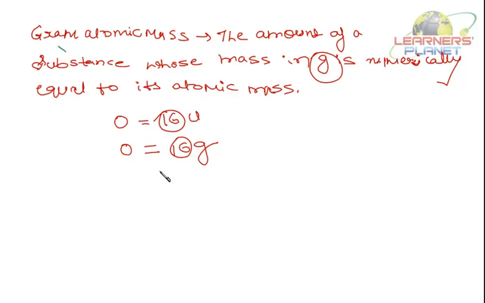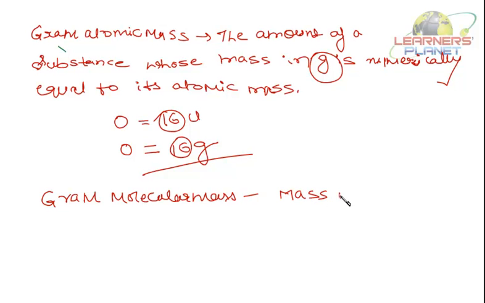So the gram atomic mass of oxygen is 16 grams. Likewise, there is gram molecular mass also. How is it defined? It is the amount of substance whose mass in grams is numerically equal to its molecular mass.